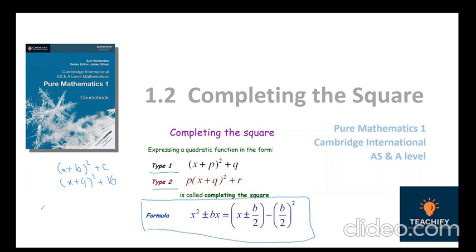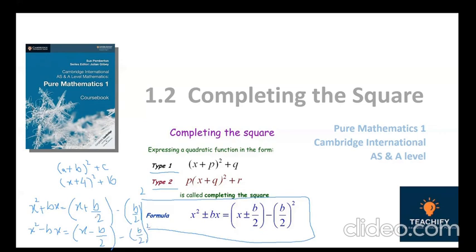In case of addition, x square plus bx equals x plus b by 2 whole square minus b by 2 whole square, and in the second case, x square minus bx equals x minus b by 2 whole square minus b by 2 whole square.